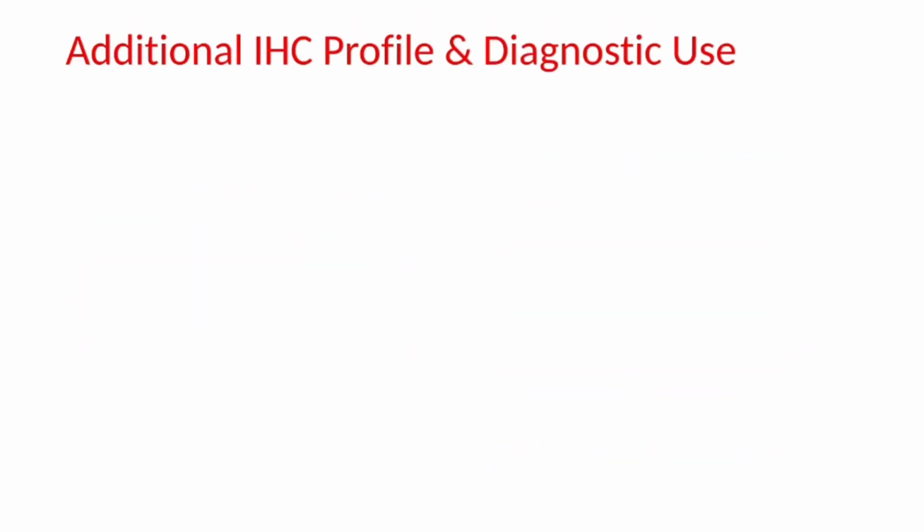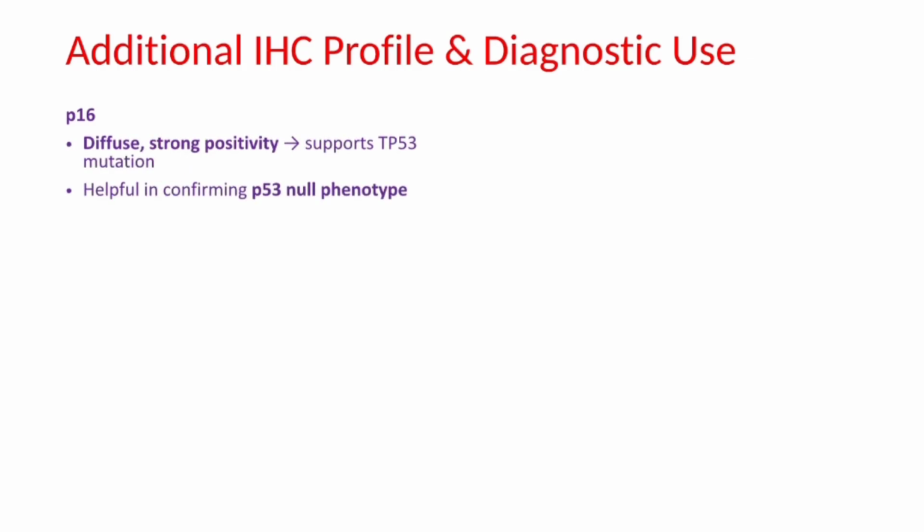Now, other than P53, which are the additional markers? One is P16. Diffuse strong positivity supports TP53 mutation. It is helpful in confirming the P53 null phenotype. Patchy staining suggests non-serous carcinoma.